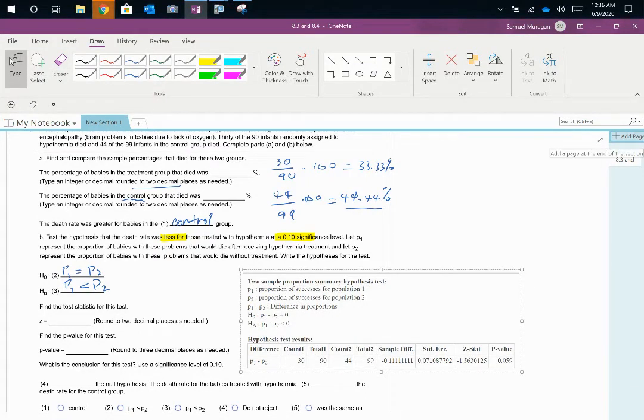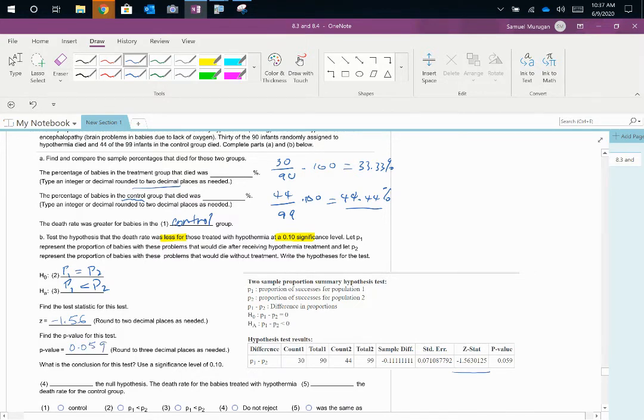So the Z stat to two decimal places is negative 1.56. Okay, that's right there. The p-value to three decimal places is 0.059.